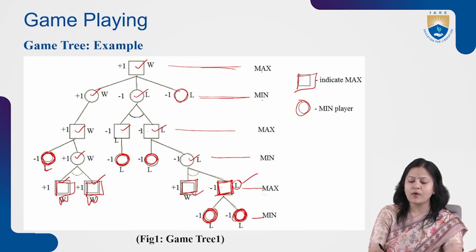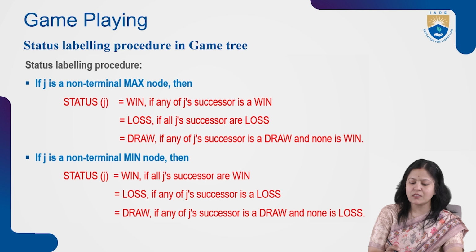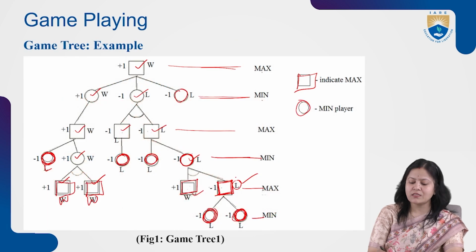Now one is W, another one is L. What is the status of this node? Because this node is present in the min layer, we check the status as per this layer. It would be lost if any of the successors is lost. Now you can see one of the successors is lost, so definitely it is a loss. So we also got it here.